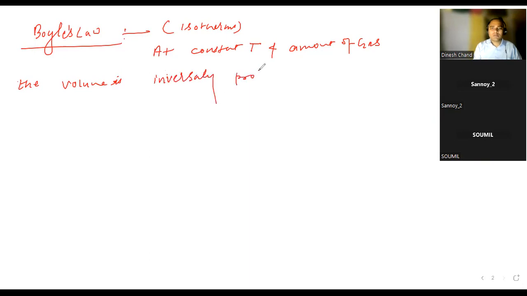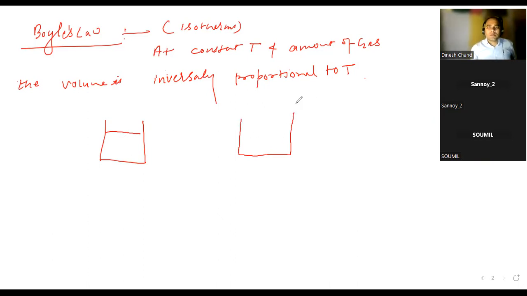I have one doubt, sir. Firstly, you were telling that this one has constant temperature and amount of gas. Then, sir, how can volume be inversely proportional?